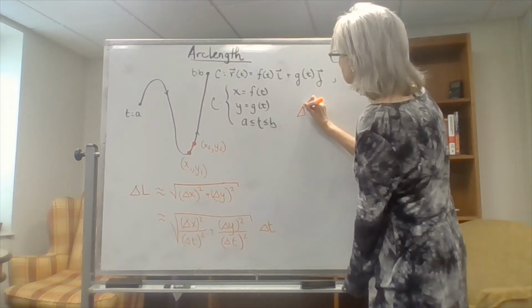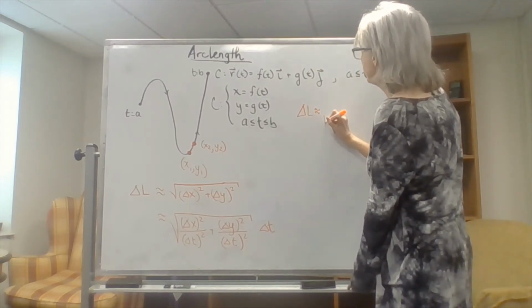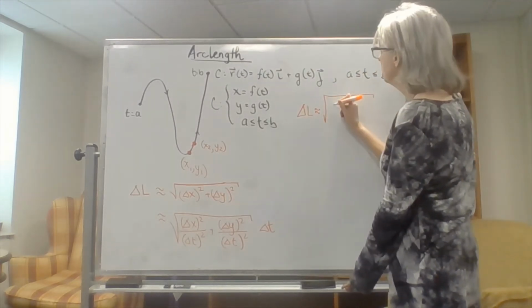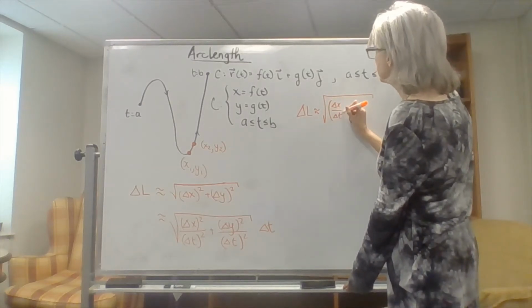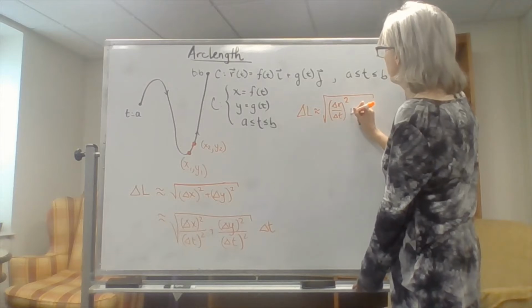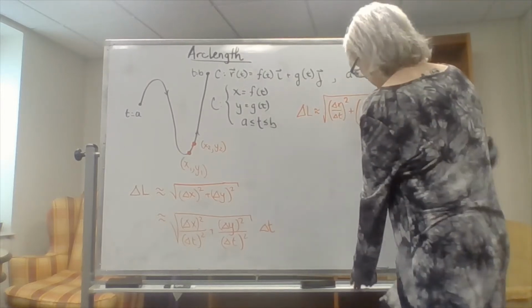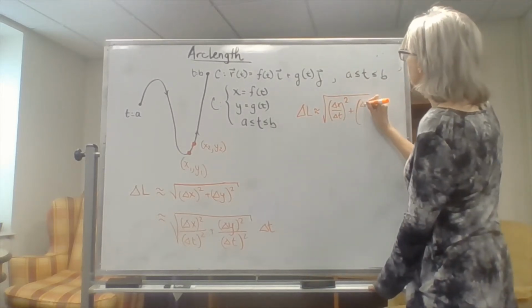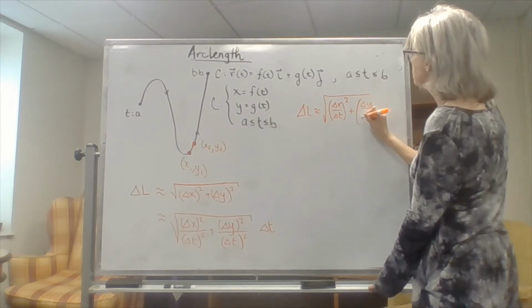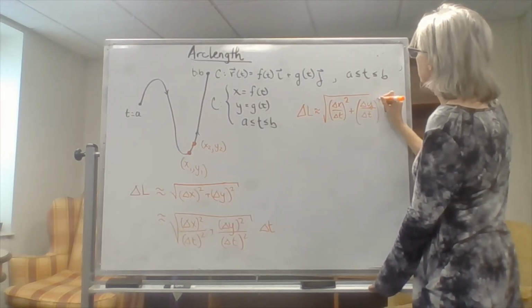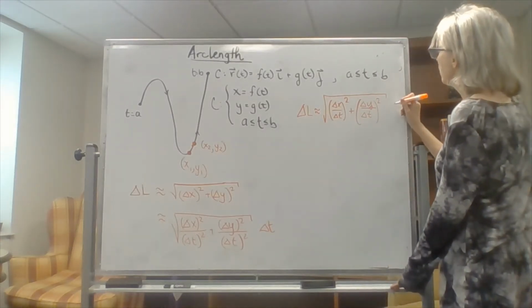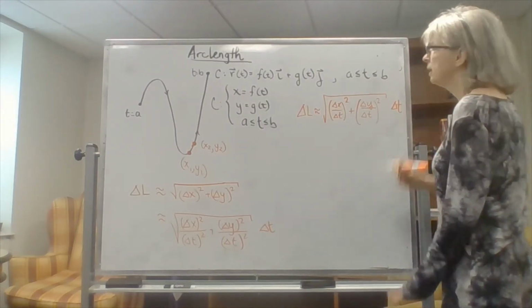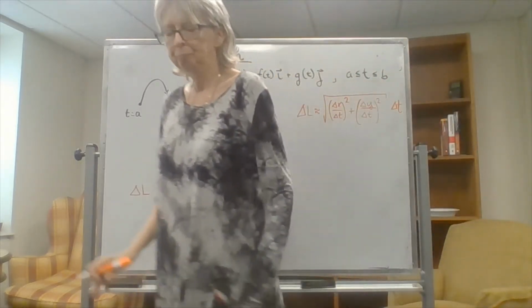Delta L is approximated by the square root of quantity delta x over delta t squared plus delta y over delta t quantity squared, and the extra delta t on the outside.